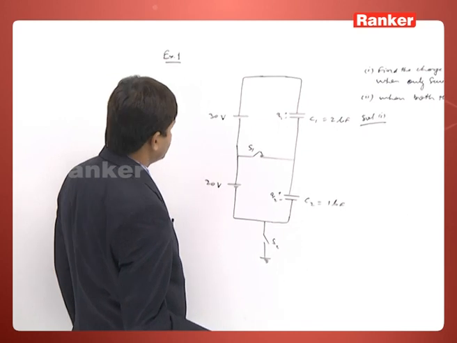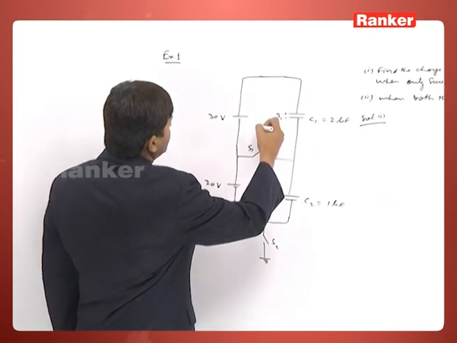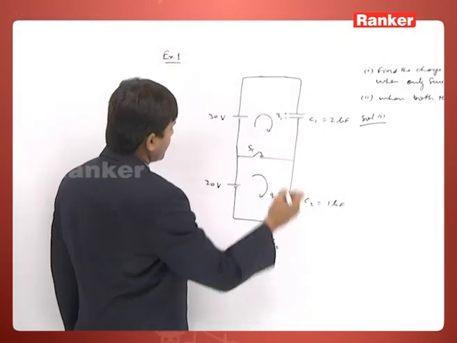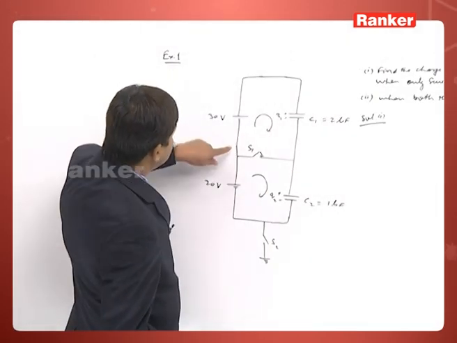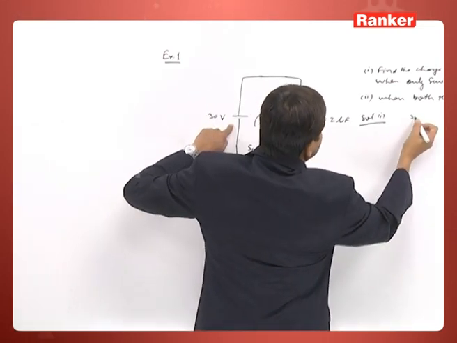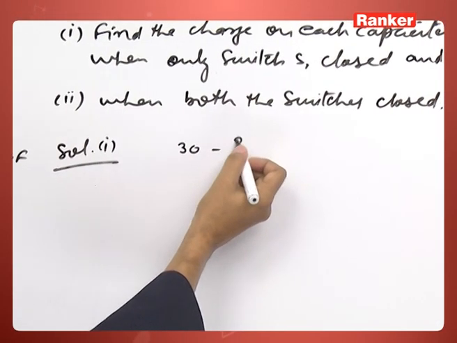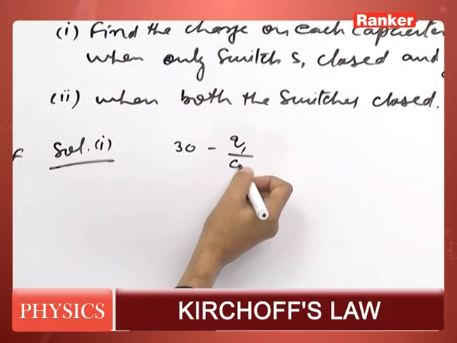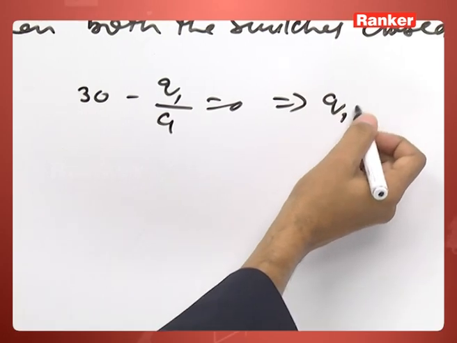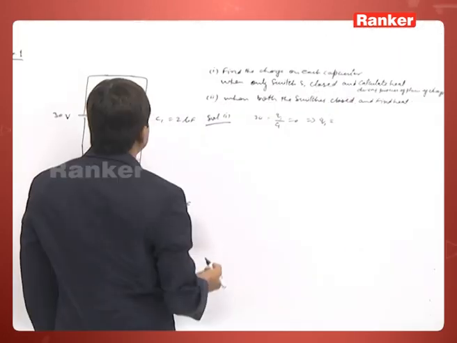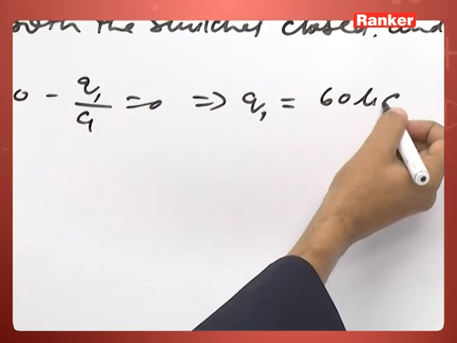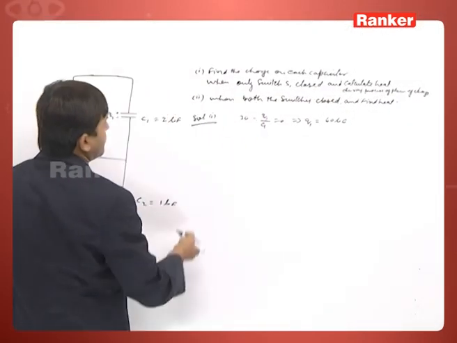Now we can apply Kirchhoff's law here. When we are applying Kirchhoff's law, we can start from here. Let's see: 30 minus Q1 by C1 is 0. So that gives us Q1 equal to 30 into C1, so this will be 60 microcoulomb.